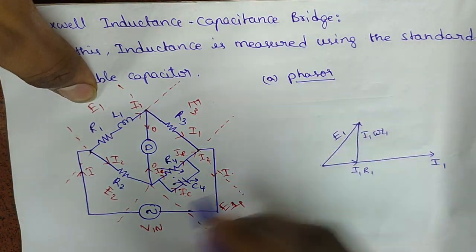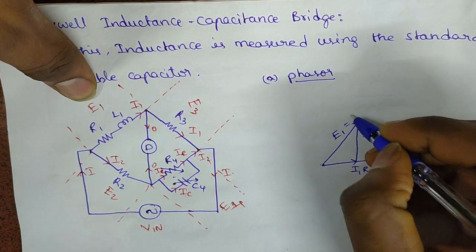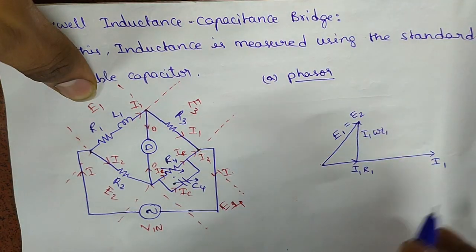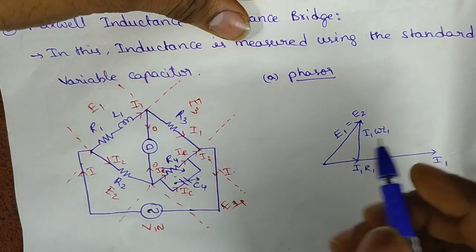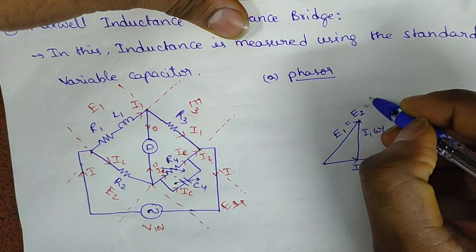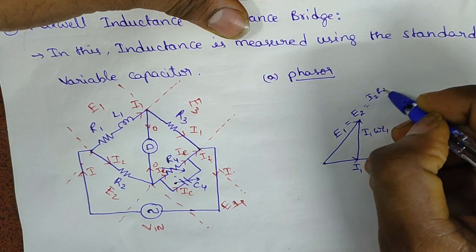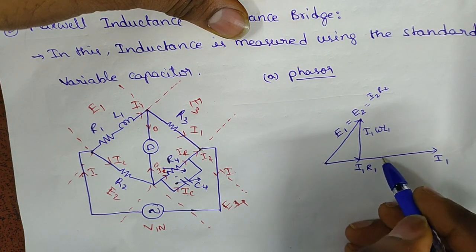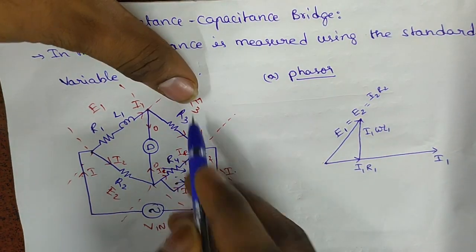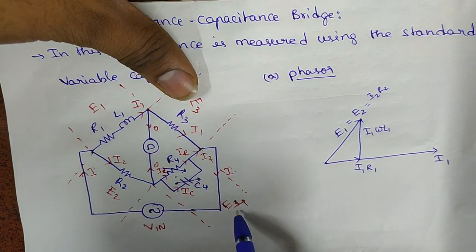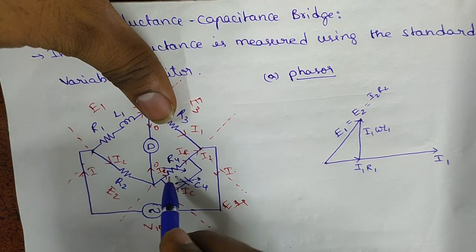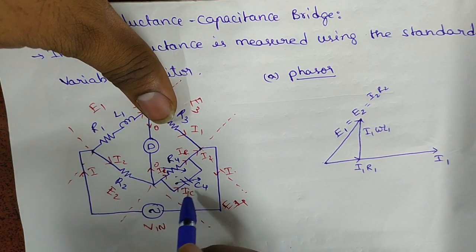This E1 is equal to E2 in the bridge balancing condition. That means E2 will be I2 R2. Now coming to this branch, E3 and E4. E4 has two parallel branches, one is IR and IC.